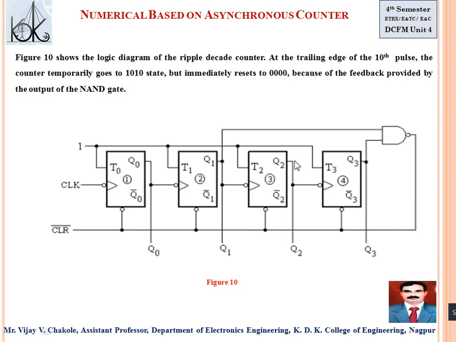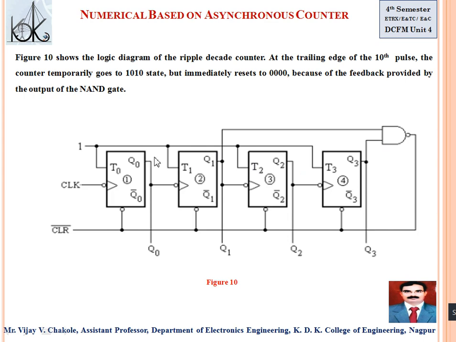It is again 0 to 0, low level, requirement is negative edge, no change here. So next output is 1 0 1 0. This one goes here, this one goes here. 1 0 1 0 is 10, which means you are going to the 10 state.